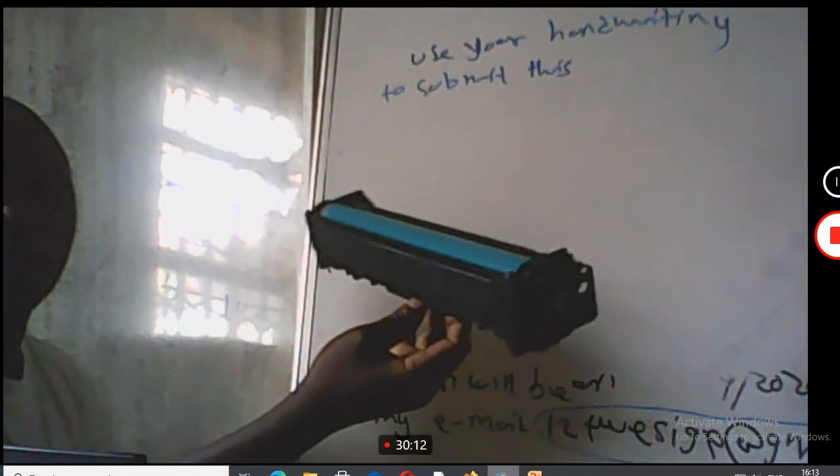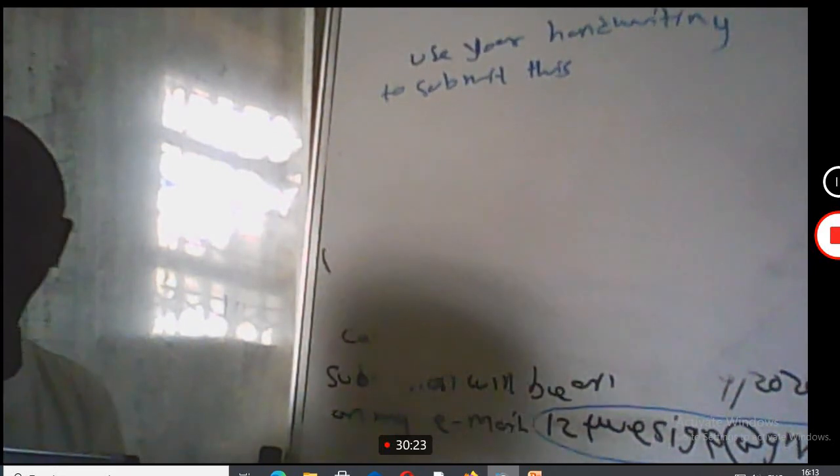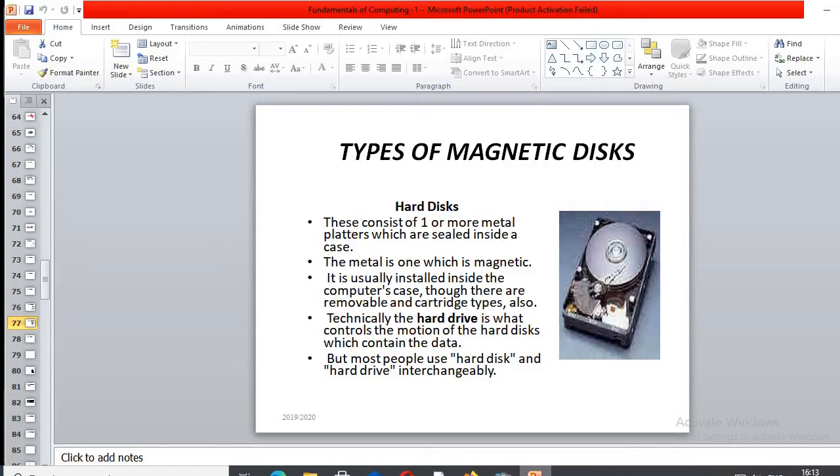So this is a cartridge. I'm getting it from my printer here. Is it okay? So that's why they're saying that the cartridge is installed in the printer altogether. So those are the ones that we're talking about.